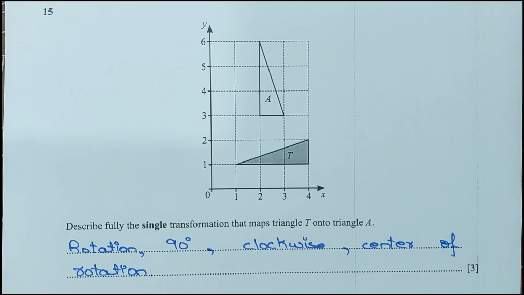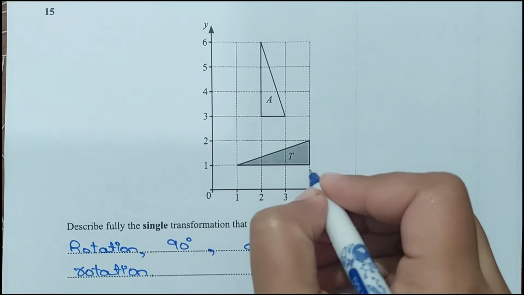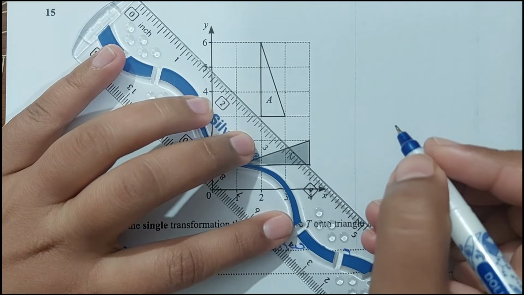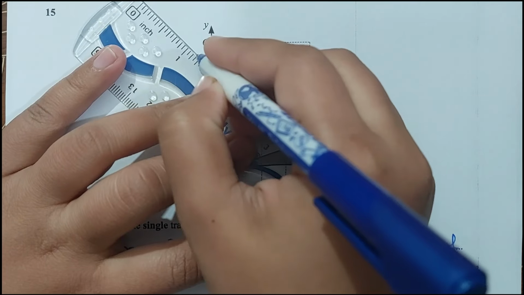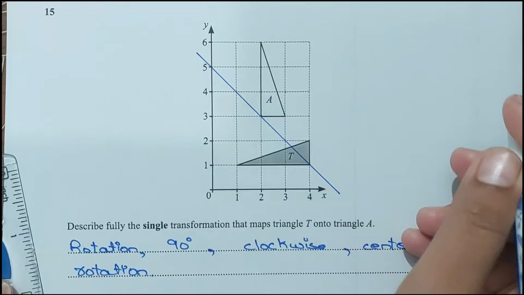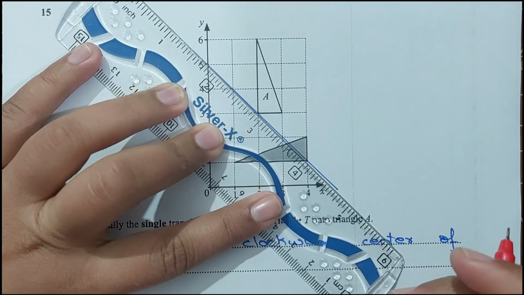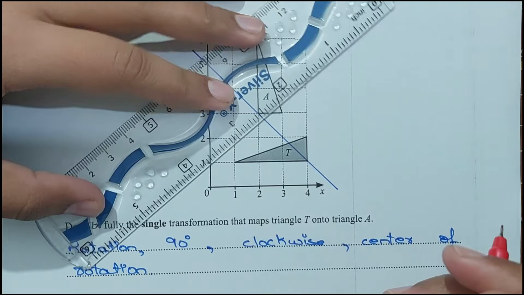Okay, now the easiest way to find the center of rotation, you have to connect the corresponding vertices, right? So this vertex and its corresponding point is this. Let me connect these two. Now we have to find their perpendicular bisector. So what is the perpendicular bisector of this?